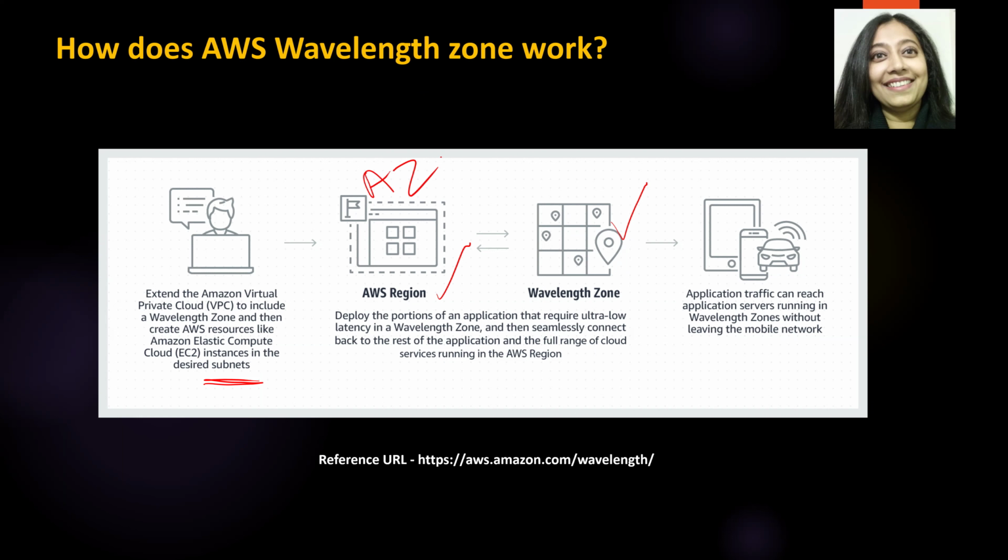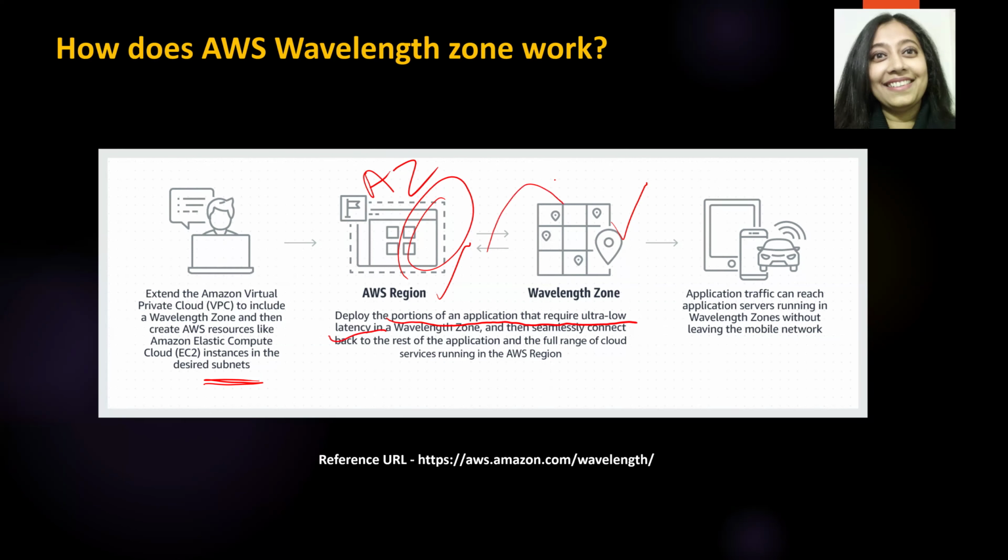So the ideal way to leverage a Wavelength Zone with an AWS Region is that you have most of your application deployed over here with your AZs and your regular subnets. But there will be certain portions of that application that require ultra low latency.